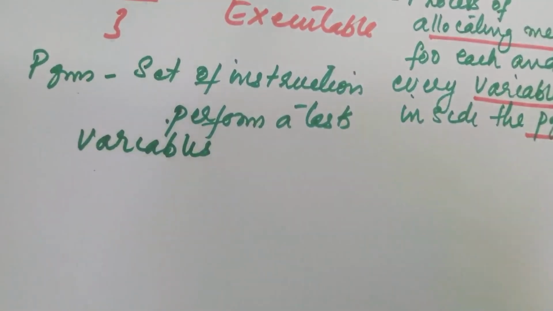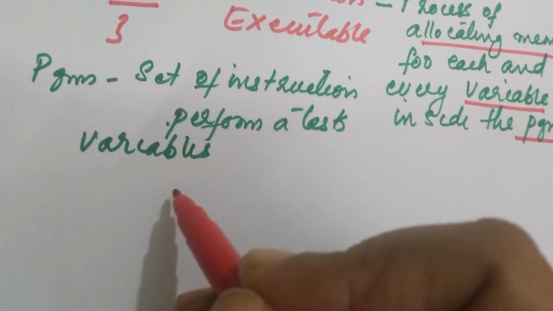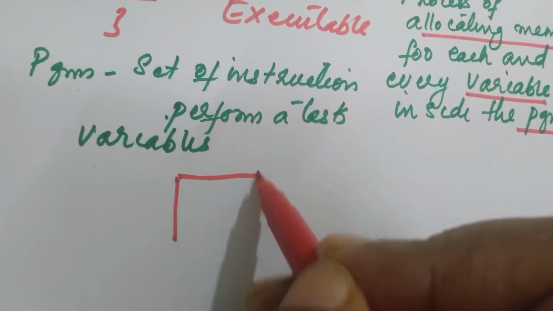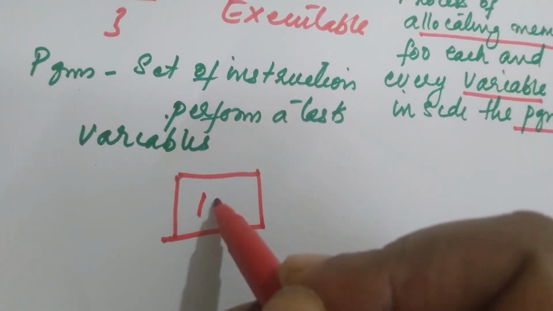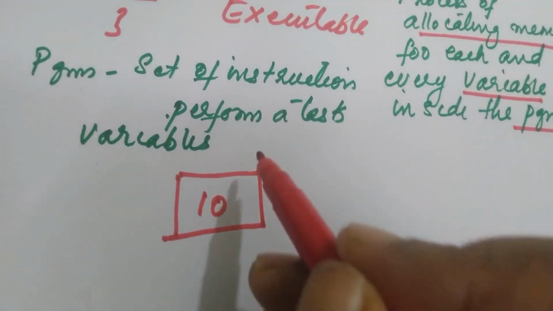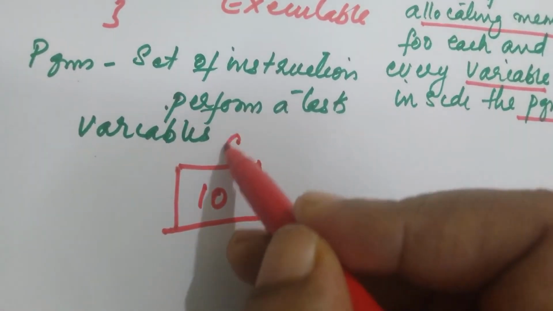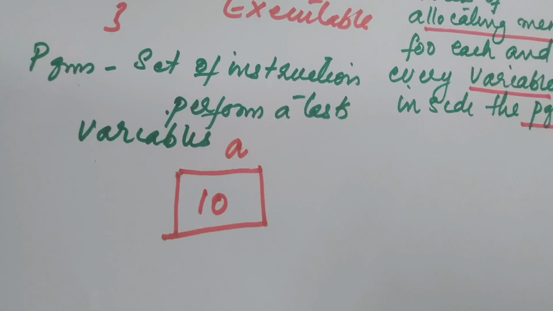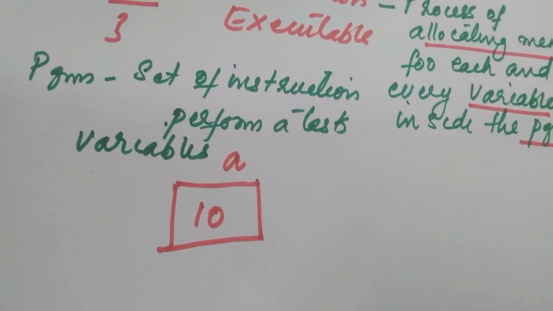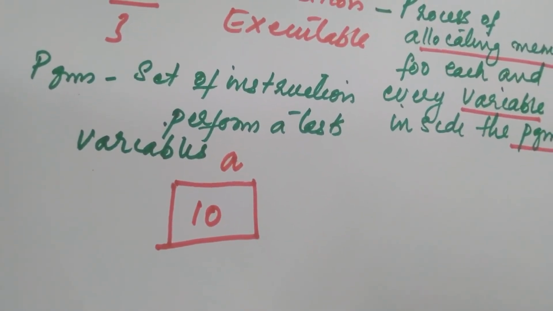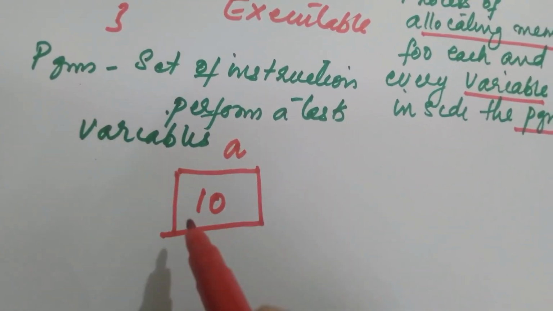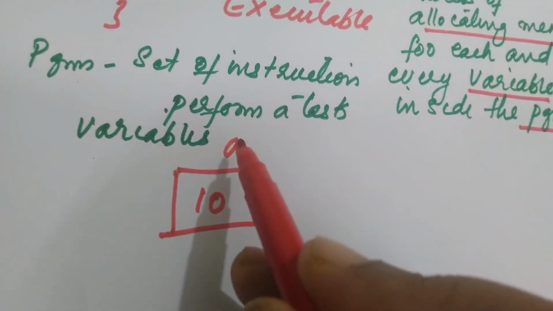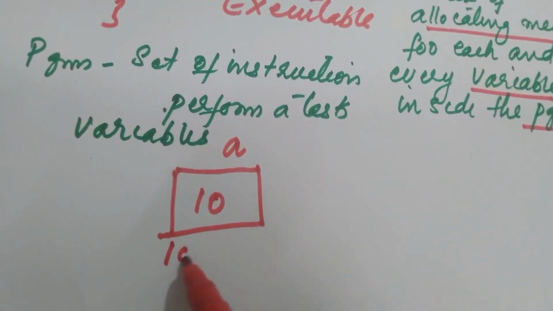Suppose we want to store a number, we can store that particular number in a variable. Suppose the data is 10, and this variable can be named as A. So each variable has its own name. And in the primary memory, when it is stored, the variable always has a variable name and a particular address.